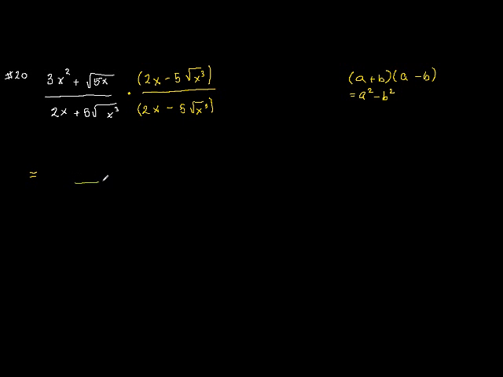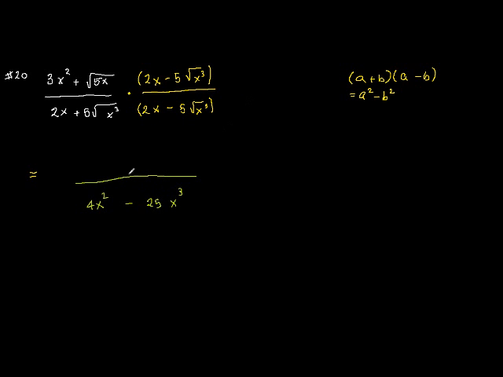The bottom is going to be the first term times the second term, so that's 4 times x squared. So this is the first term squared minus this term times that term, 5 squared is 25, times square root of x cubed times square root of x cubed, which is just x cubed. So as we see here, we ended up in the denominator with the first term squared minus the second term squared. And now there's no more square root.